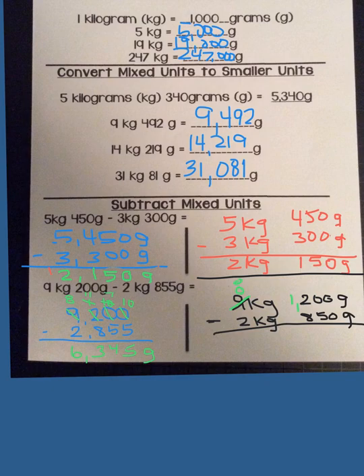So 0 minus 0 is 0. 0 minus 5 I can't do. Go next door. 10 minus 5 is 5. 1 minus 8 I can't do. So I'm going to go next door, which is why I borrowed that other thing.